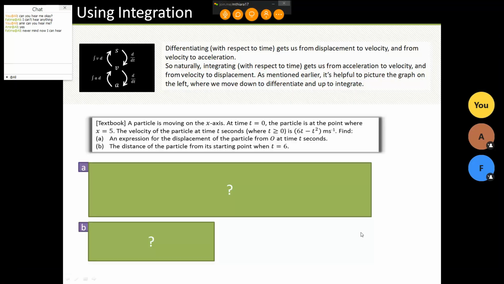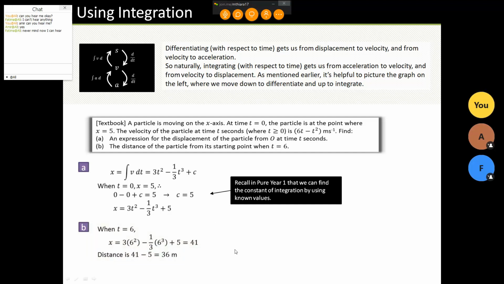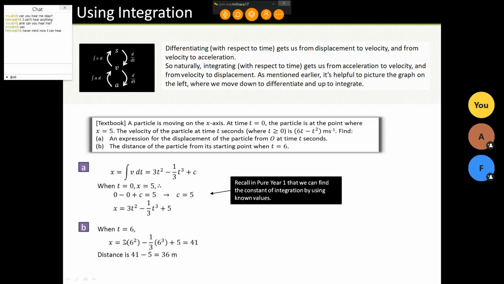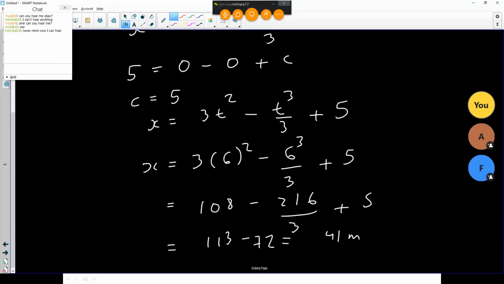Okay, so let's just check this. From its starting point, if you just look at this, when t equals 6 the displacement is 41, but initially it was already 5 meters from its starting point, so it's going to be 41 minus 5, which is equal to 36 meters.